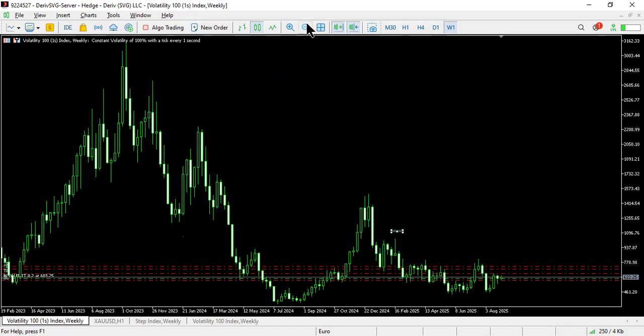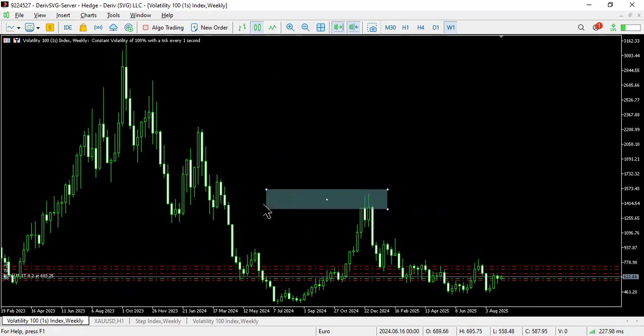So you have to minimize the chart and then you mark your key levels. So that is our supply.